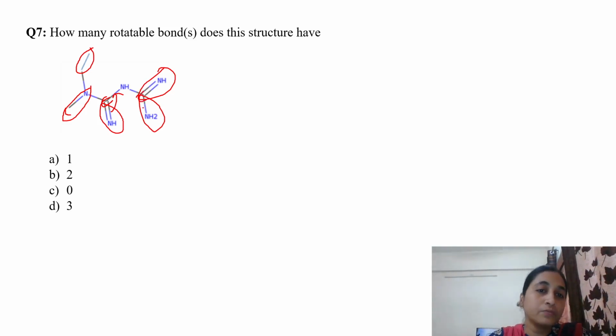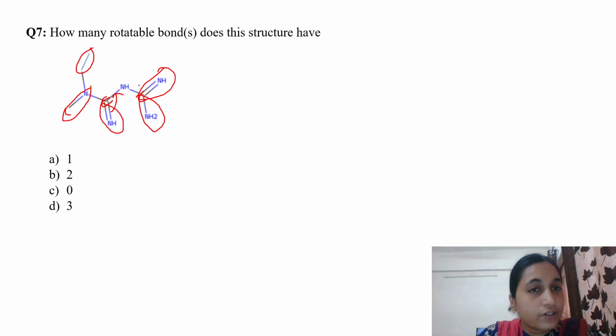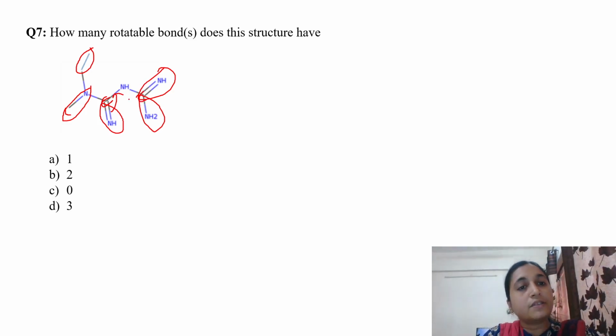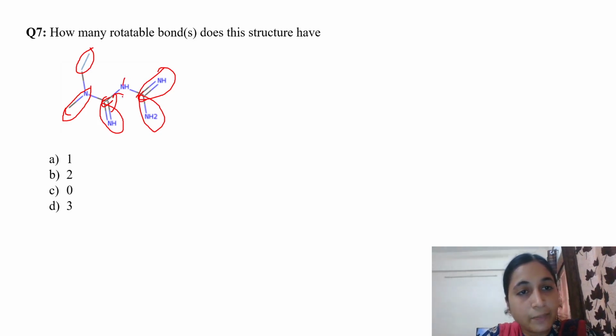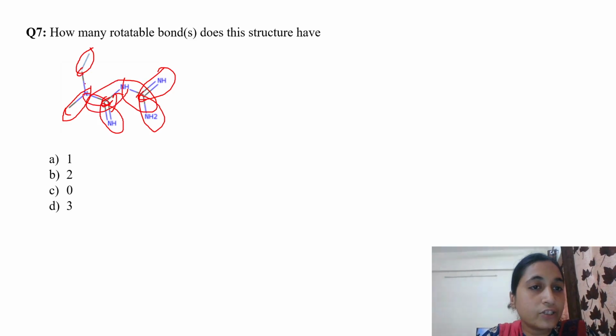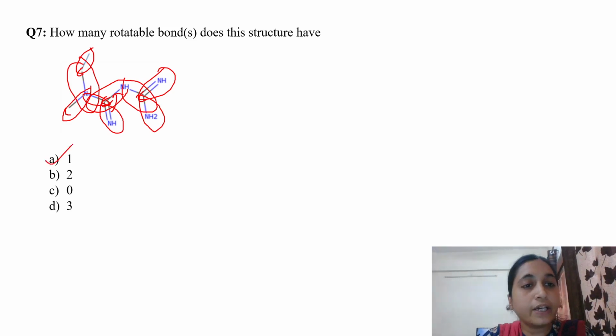Here also, because of this resonance, there is a high energy barrier, so rotation won't occur, and a similar case occurs here also. So in these three places rotation won't occur. Here only this carbon and nitrogen will show rotation. So the answer will be A.